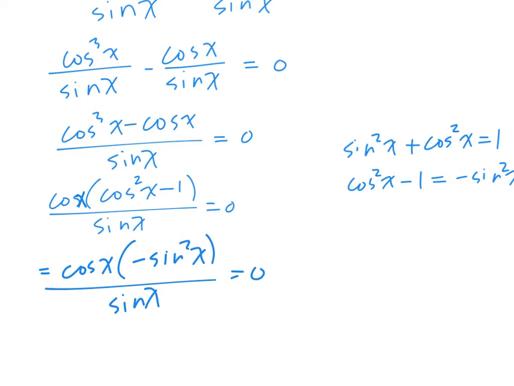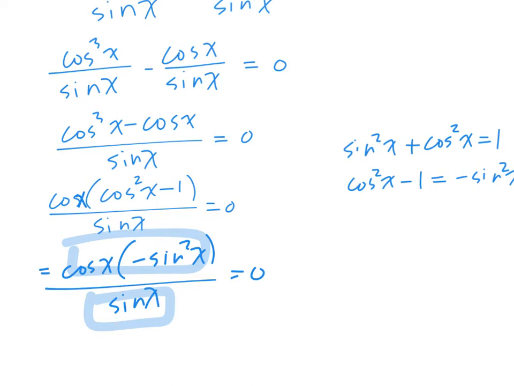What else? Remember, we're trying to solve, not manipulate as much as we can. What's going to make it 0? If I just have 2 functions, one on the top, one on the bottom, which one being 0 will make the whole thing 0? Top or bottom? Top. The bottom's going to make it undefined.